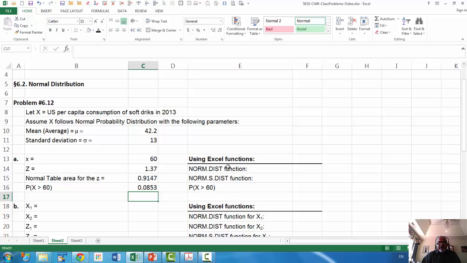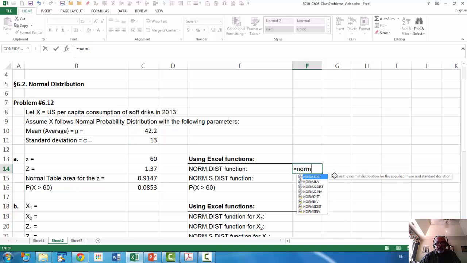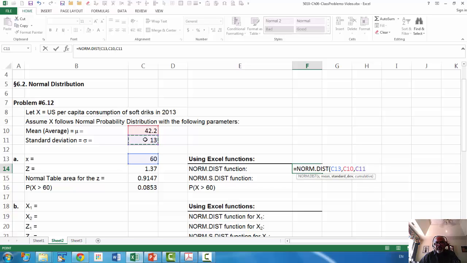We can find this answer using the Excel function. If you want to use an Excel function, then we use norm.dist. Then we provide the x value, and then the mean value and the standard deviation, comma 1 for cumulative. So this is the cumulative probability, x less than or equal to 60.